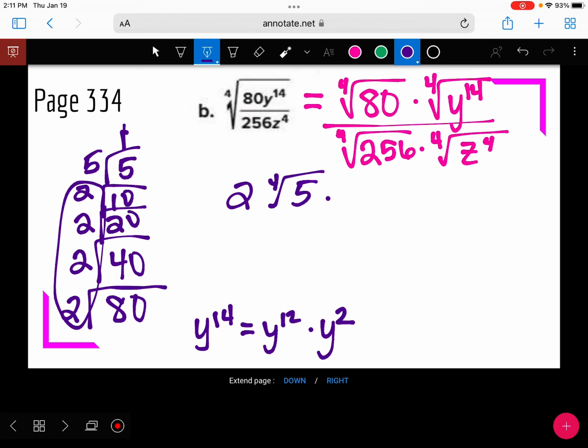Y to the 2nd, yep. And then if we're taking the 4th root of this, what can we take a 4th root of? 12. What do we get? Y to the 3rd. What's left over in the root? Y to the 2nd. Okay?